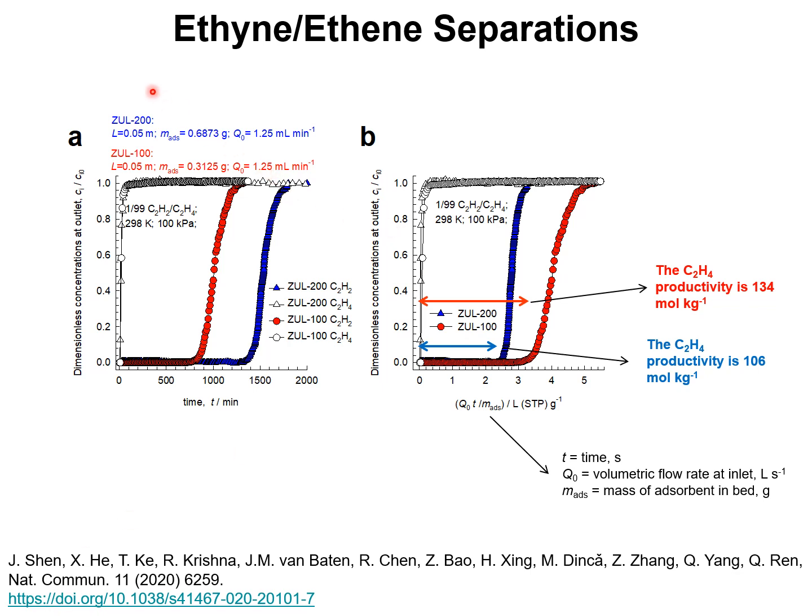Let's consider experimental data on breakthroughs of 1/99 ethyne-ethene mixtures at a total pressure of 100 kilopascals and at a temperature of 298 Kelvin, published in Nature Communications in 2020 for 2 different MOFs, ZUL-100, shown by the red circles, and ZUL-200, shown by the blue triangles.